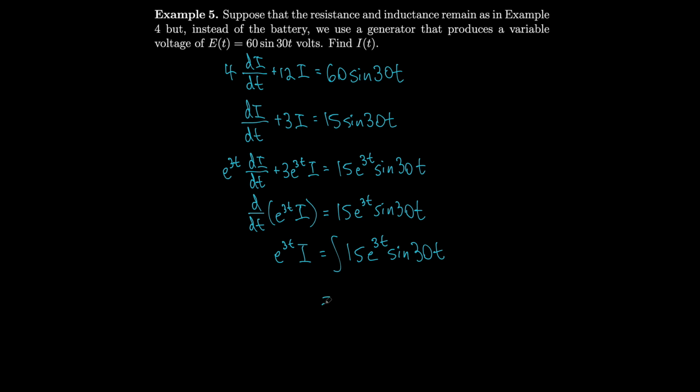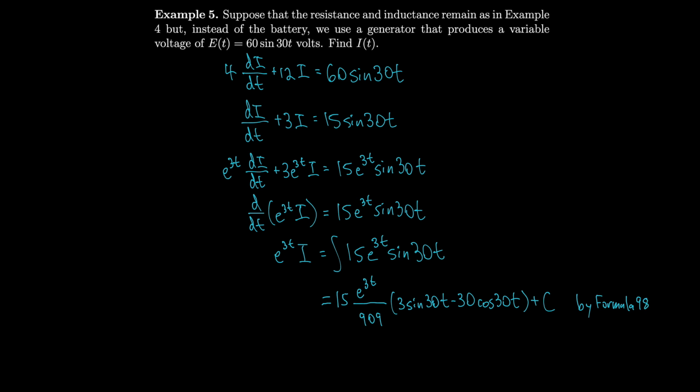So by our formula 98, this is equal to 15 times e to the 3t over 909 times 3 sine 30t minus 30 cosine 30t plus c. And that's by formula 98.